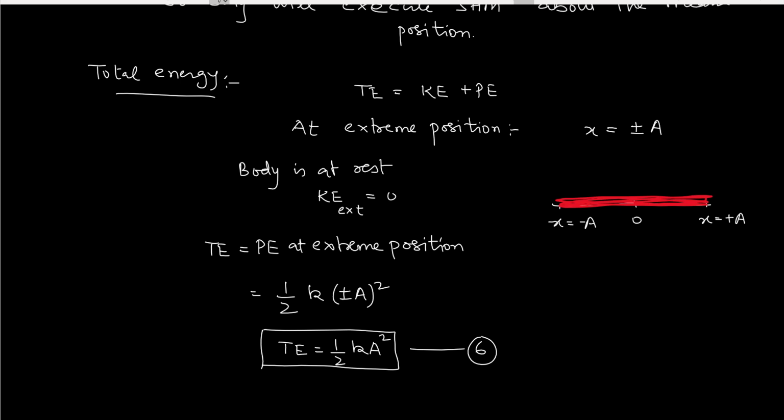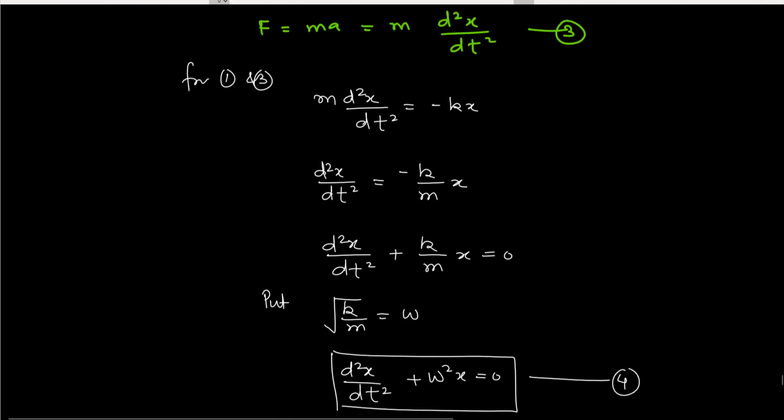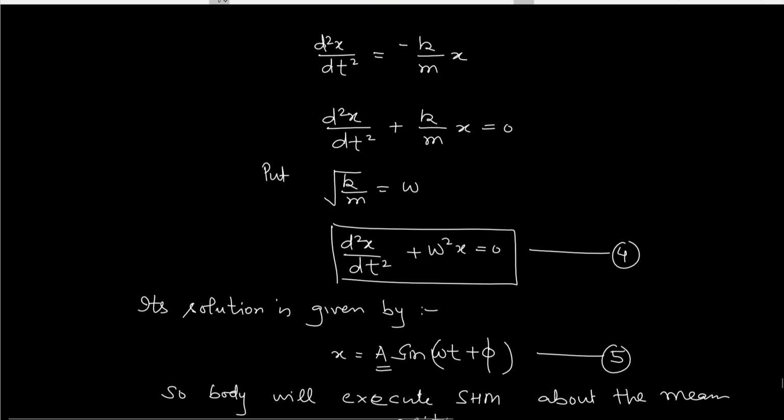So this is how we tackle the simple harmonic oscillator problem classically. What we have found is that it will execute simple harmonic motion with total energy half k a square and potential energy half kx square, and its solution is given by x is equal to a sine omega t plus phi.